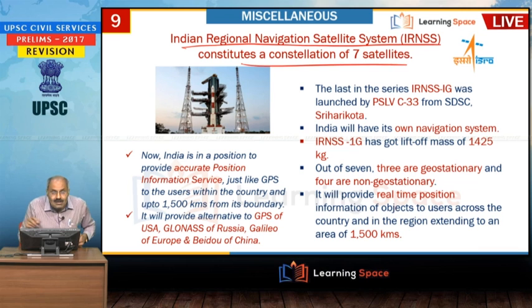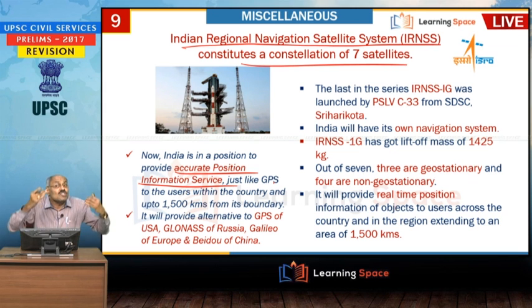Then IRNSS, this is a constellation of 7 satellites. So, India already sent these 7 satellites, and what will happen because of these 7? These are navigation satellite system, you can say. Because of these satellites, we will have accurate position information system.